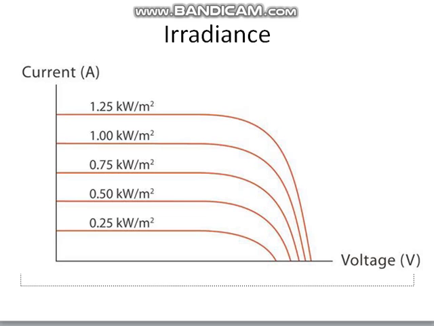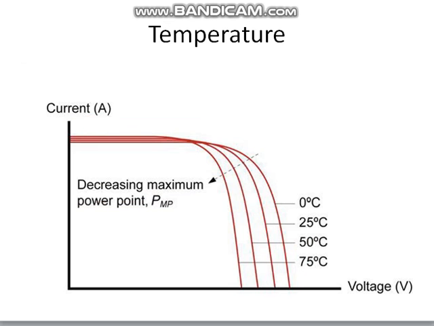So we will see now the effect of temperature. The temperature plays an interesting role here. As the temperature increases, the power output decreases, but it will never play with the current, it plays with the voltage. Why?